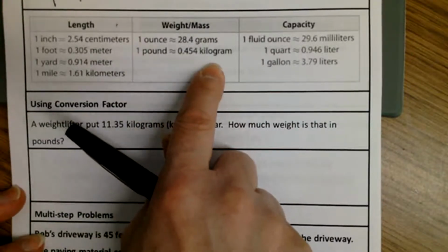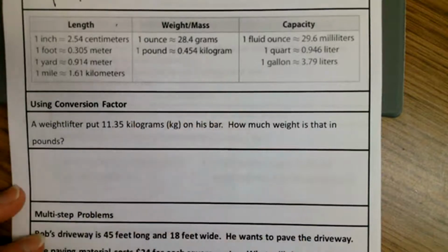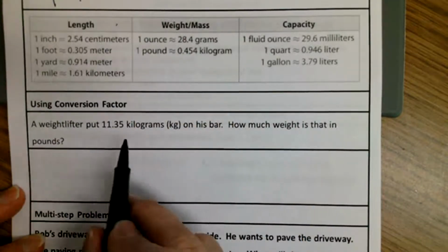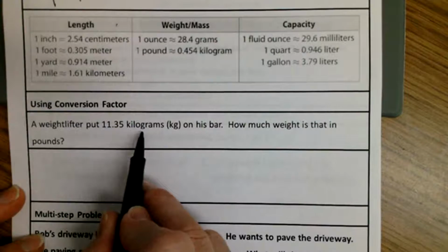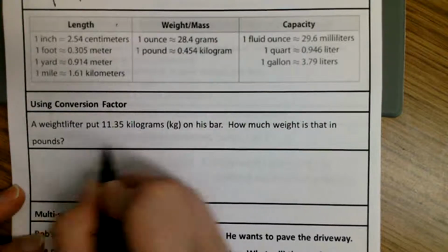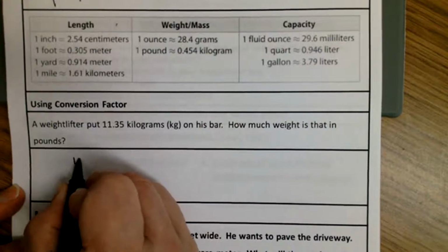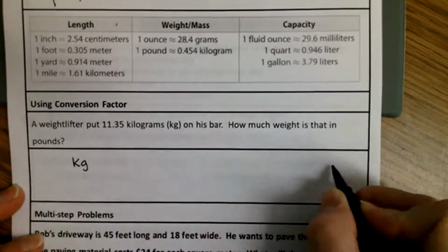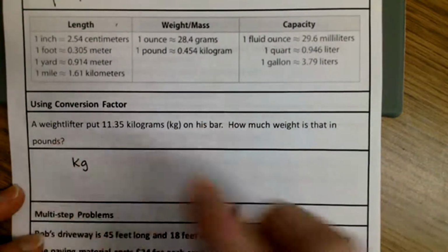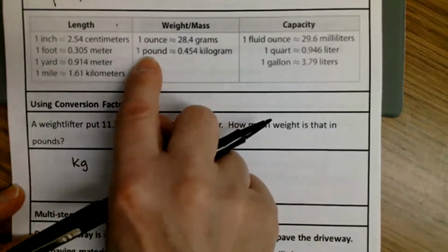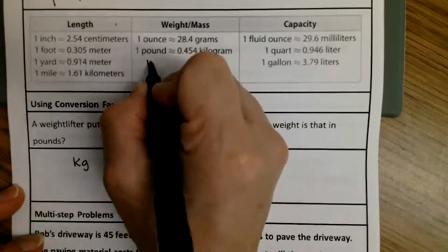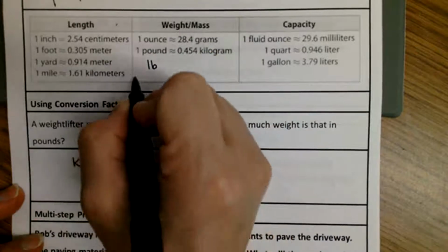0.454 kilograms. Okay. So remember when we use a conversion factor, what do we start with? Kilograms. In kilograms, the abbreviation is kg. So we start with kilograms and we want to end with pounds, right? The abbreviation for pounds is lb.